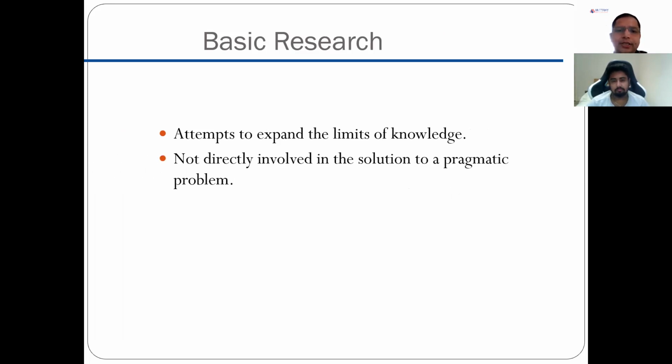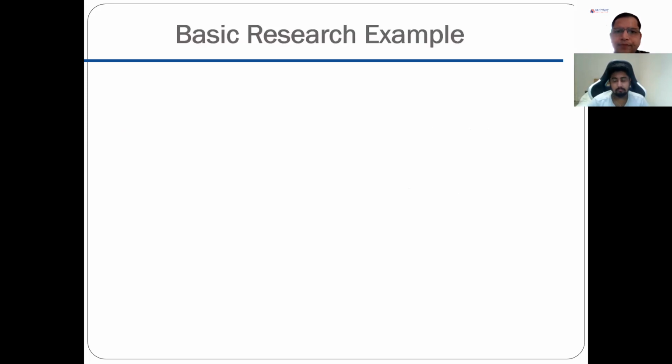In every company, they focus on their R&D, their research and development. So that's the basic, which aims to expand the limit of knowledge, not directly involved with the solution of a pragmatic problem. A pragmatic problem is a specific problem.